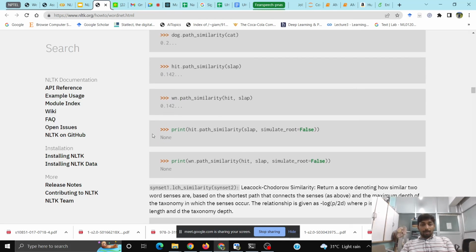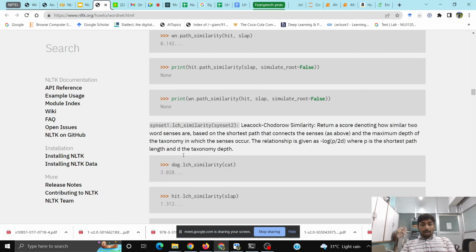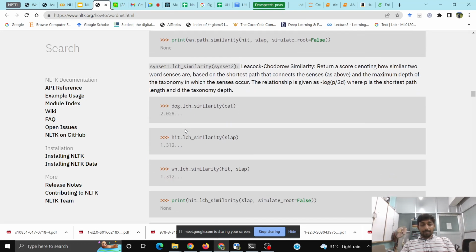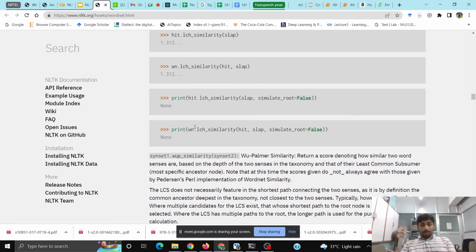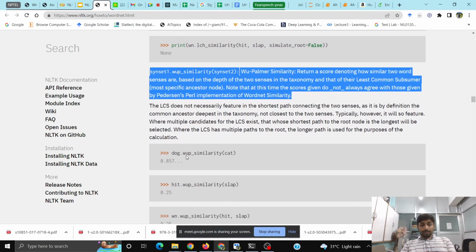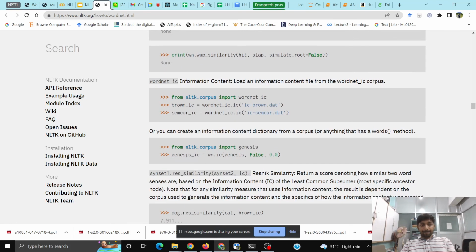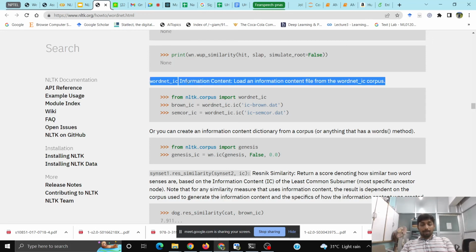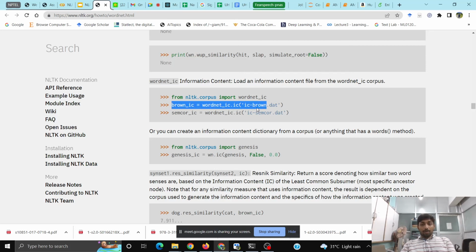Then we are basically doing the different types of path similarity. So that is in the question as well. The LCS similarity is also there, WUP similarity is also there. And then we have the information content. If you want, you can also see the information content of different words.